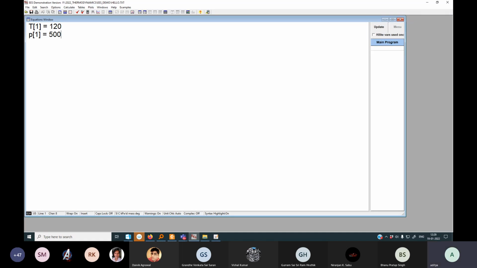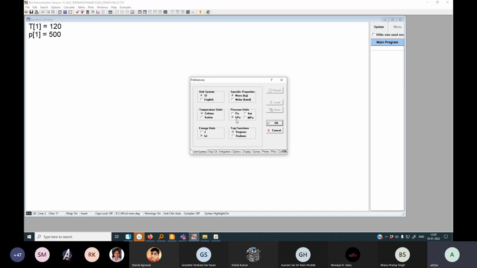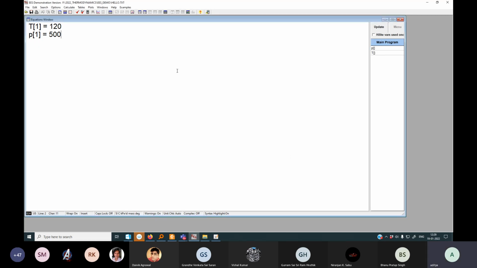Why am I able to write this with confidence? Because it's SI units, the pressure is in kilopascal and temperature is in Celsius. You should remember the energy units are kilojoule. So then I say V1 is equal to the volume of water at T equal to T1 and at P equal to P1.